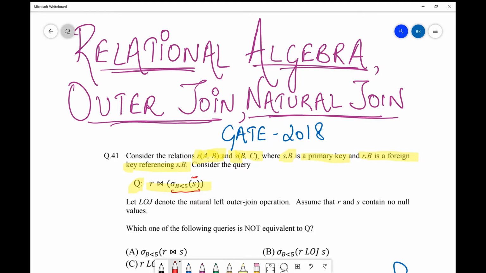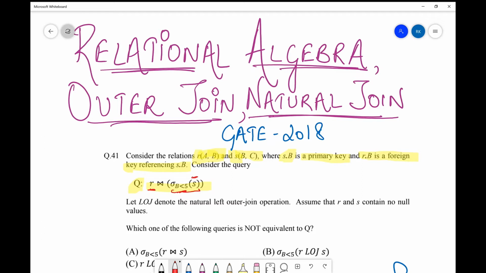You're not only selecting the B values, you're selecting the values for all the attributes present in S, but where B's value is less than 5. Then for those selected records, you are going to join them with the records of relation R. This is the idea of this query.